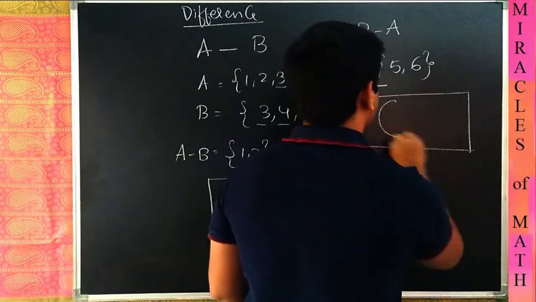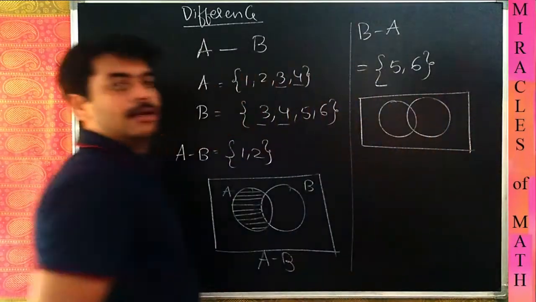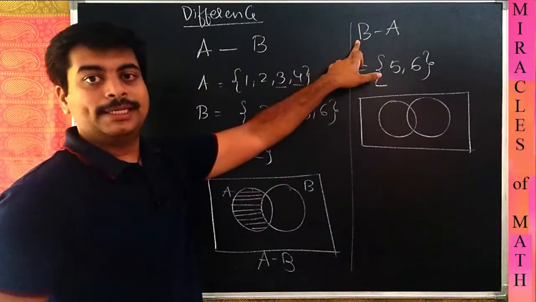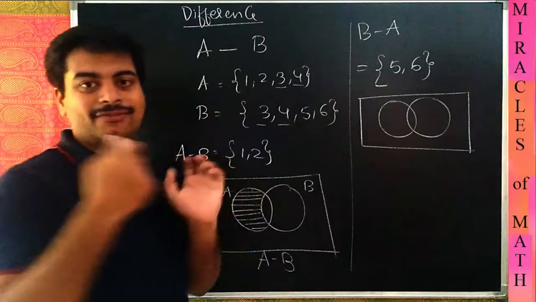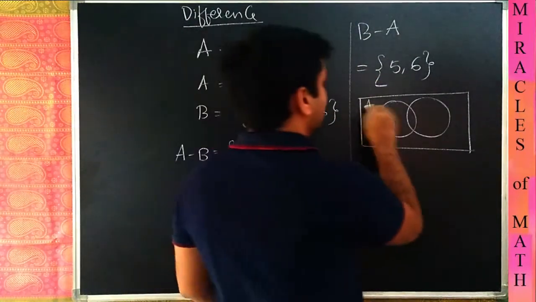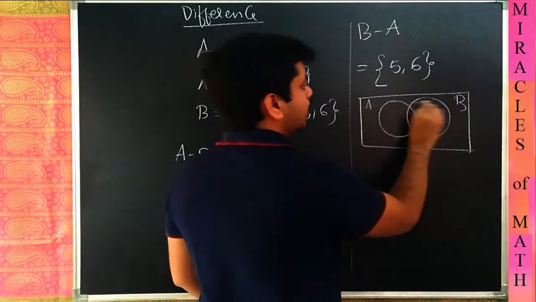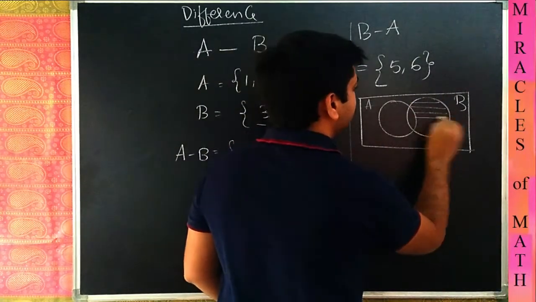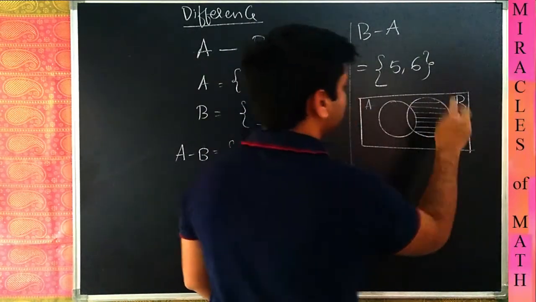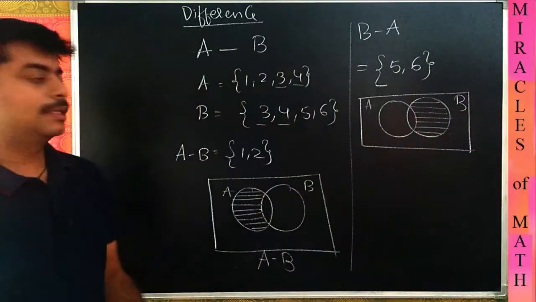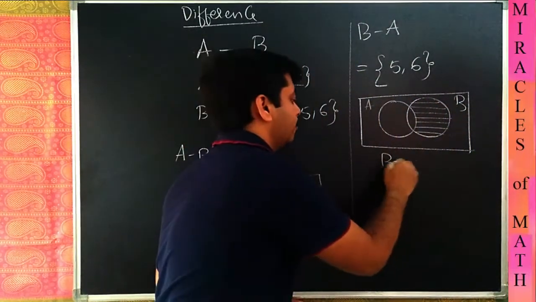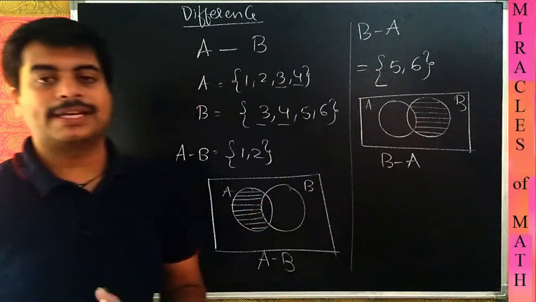Take 2 circles. You should include complete B, but you need to exclude the common part with A. So you will get this region. That is the Venn diagram for B minus A.